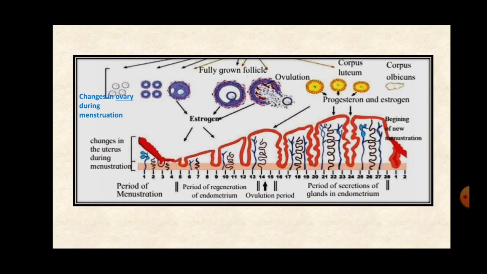Because if at all fertilization takes place, the baby will be attached or implanted to this endometrium in the uterine wall. So coming back, estrogen enhances the regeneration of endometrium tissue. This estrogen has been secreted by the follicle. You can simultaneously see in the uterine changes that the endometrium is forming, the red color line.